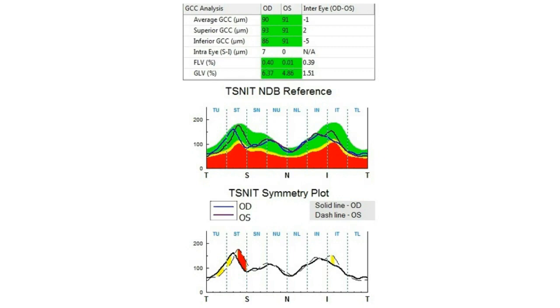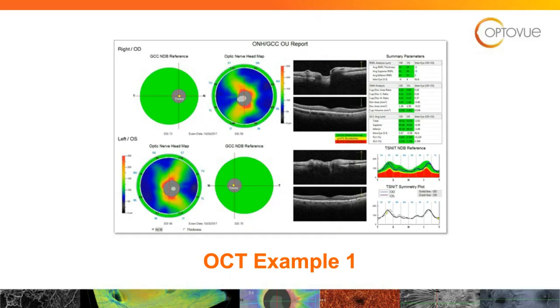All right, next question is, I guess the TISNIT summary plot only shows up on the optic nerve head GCC OU report. So how do we get to that OU report? So here is an example. Again, here would be an example of your first scan that you take.